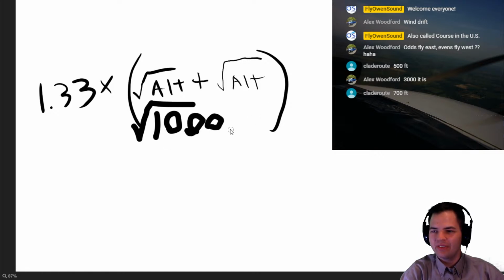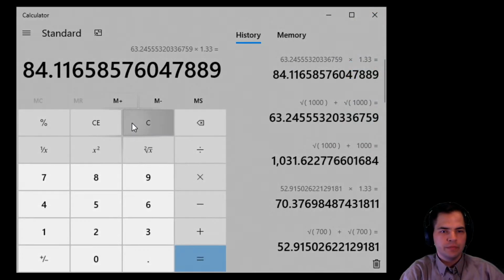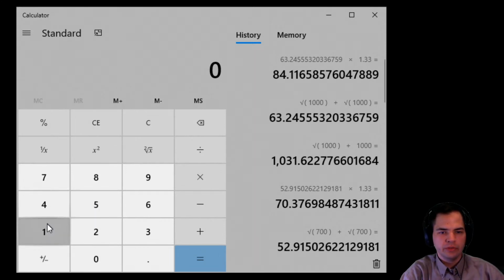Square root of 1,000 plus the square root of 2,000. That's what I'm going to do next, and give that a try. See if I can hear someone at 2,000.